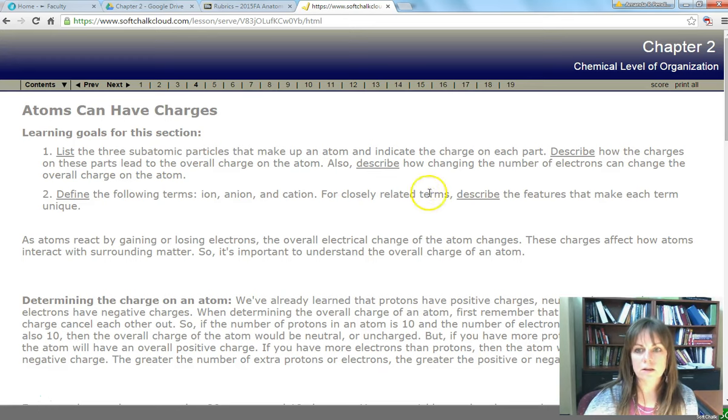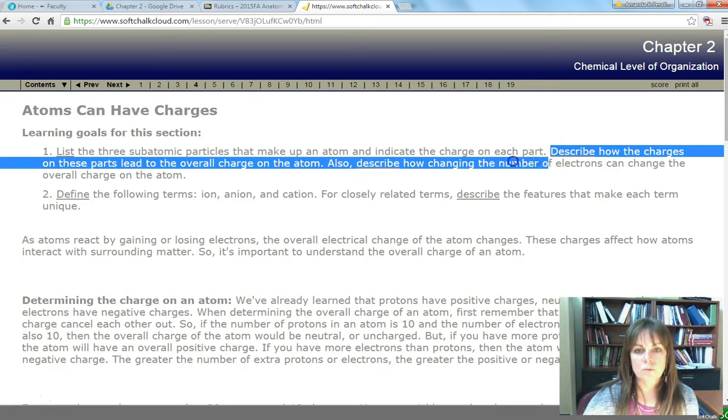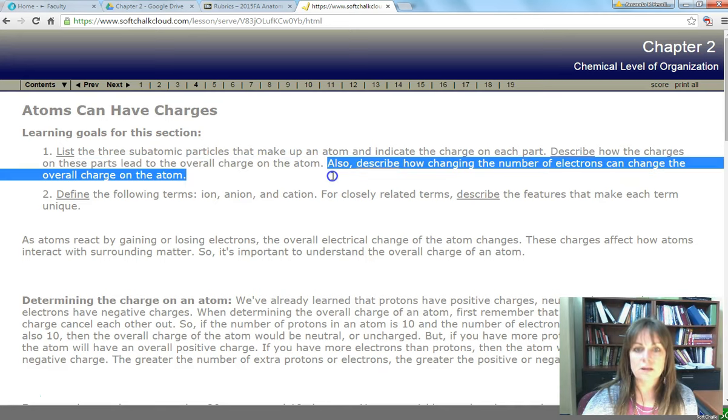So if we're looking at our learning goals, we're right here where it says describe how the charges on these parts lead to the overall charge of the atom, and then we'll move into the second part, which is describe how changing the number of electrons can change the overall charge of an atom.